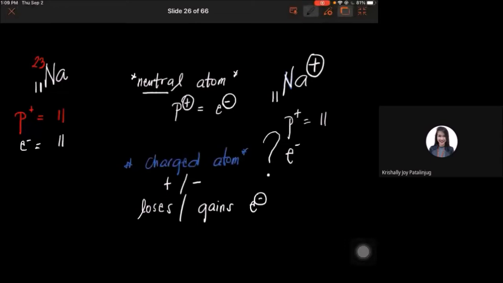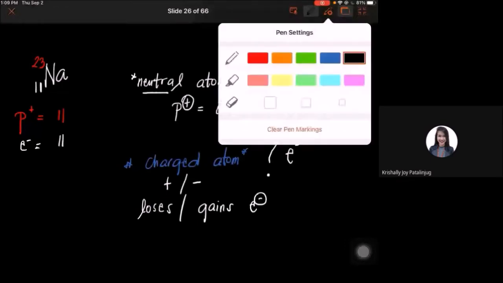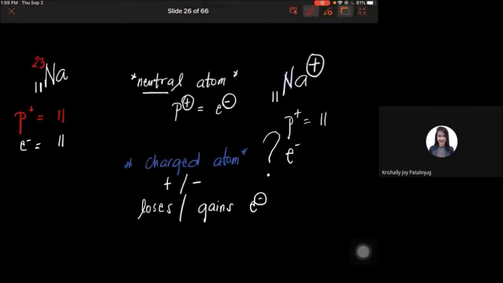Now, kailan siya nag-lose ng electron? Okay, let me ask you what is again the charge of electron? It is negative, right? So negative yung charge ng electron.